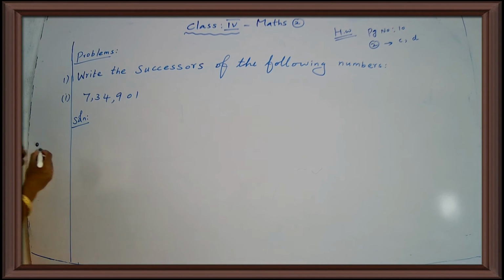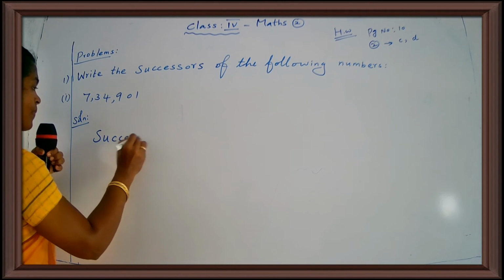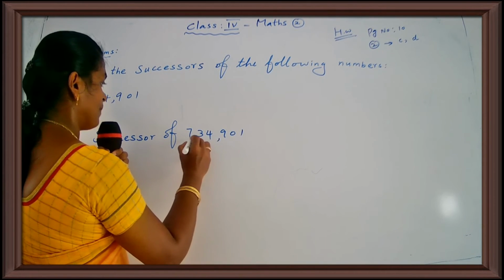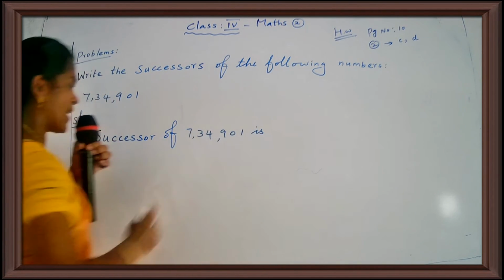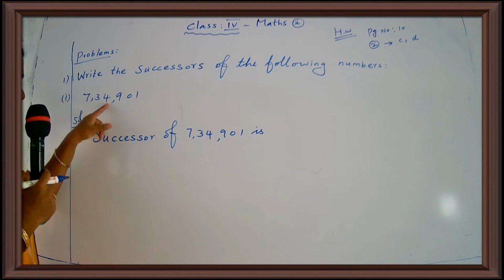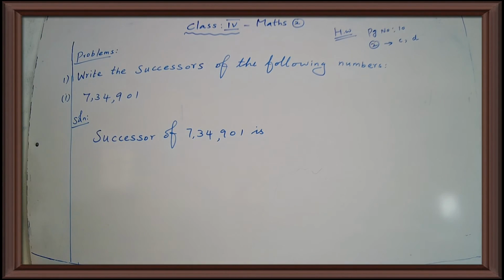The successor of 7,34,901 is the next number, that's after a number. So this is 7,34,901. The next number is 7,34,902.